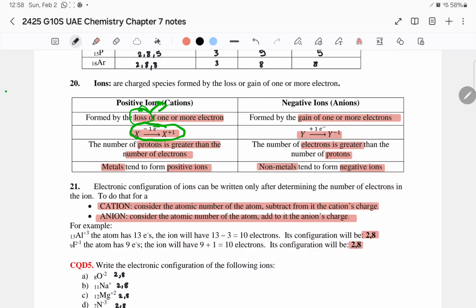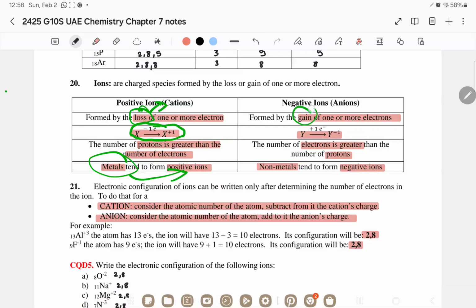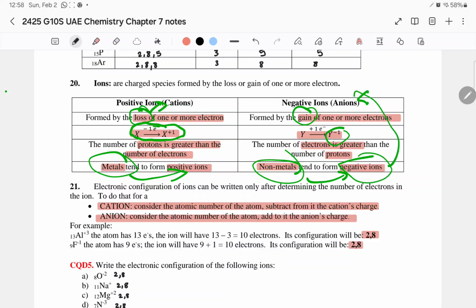The number of protons is greater than the number of electrons if you have a cation, and metals are always the ones to form cations, or they tend to form them. And if it's an anion, they gain 1 or more electrons. They become negative. Their electrons are more than their protons, and usually these are found in non-metals, and negative ions are called anions.